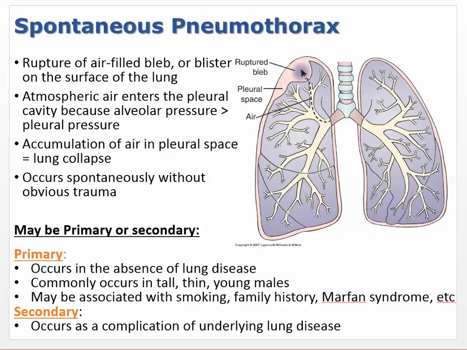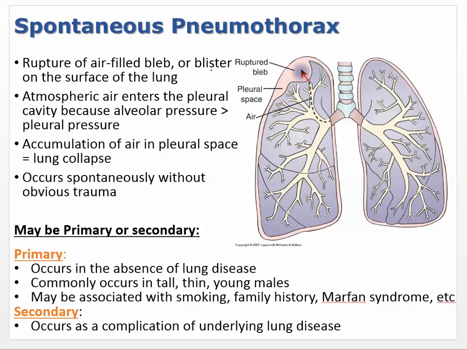It gets trapped somehow, or it forms an air-filled bleb or blister on the surface, and then that air can move through from the inside and out into the pleural space. Now you've got air out there. So even though it's not traumatic, well, it's kind of traumatic from the inside, I guess, but it's not called traumatic. It's called spontaneous, because it just sort of formed from the inside.